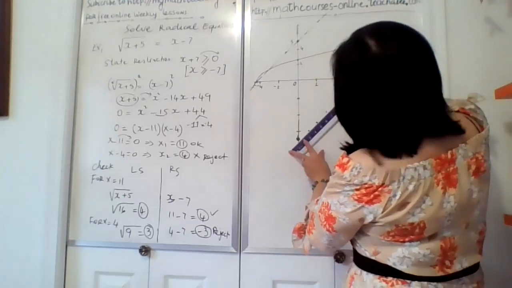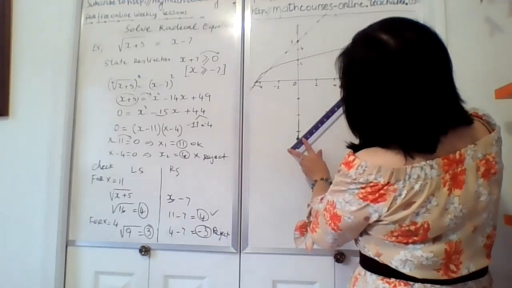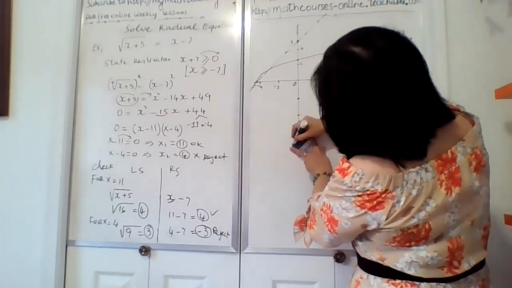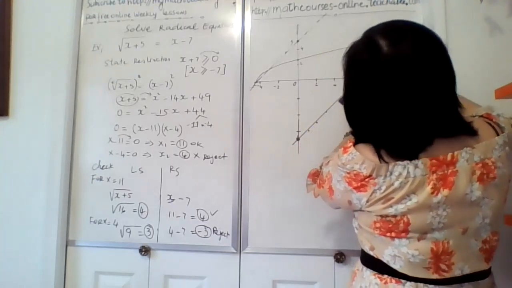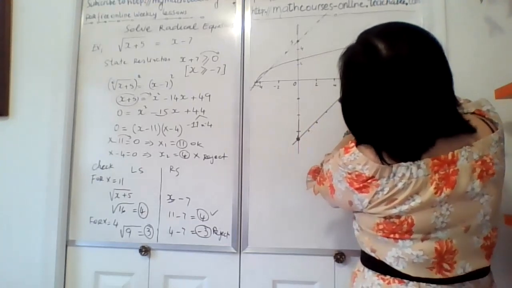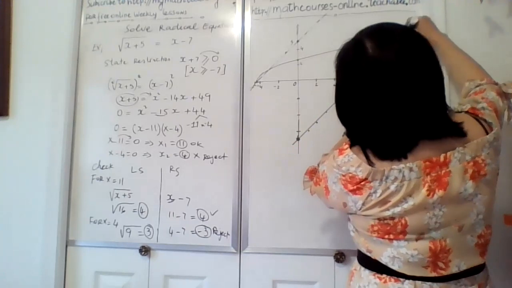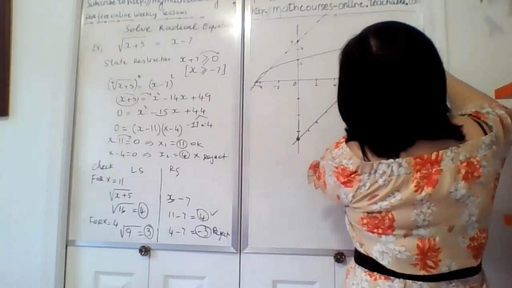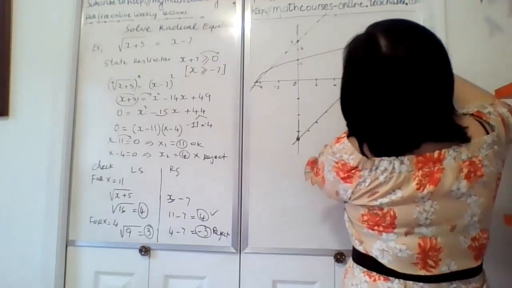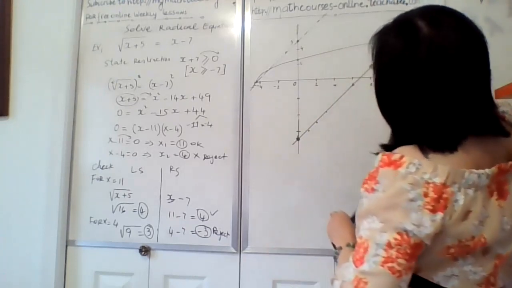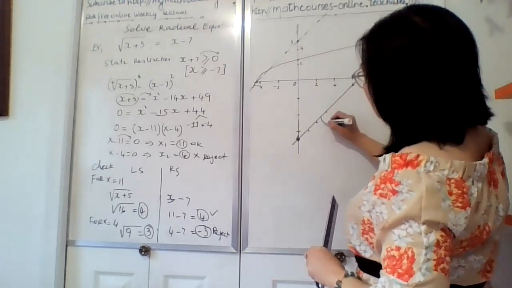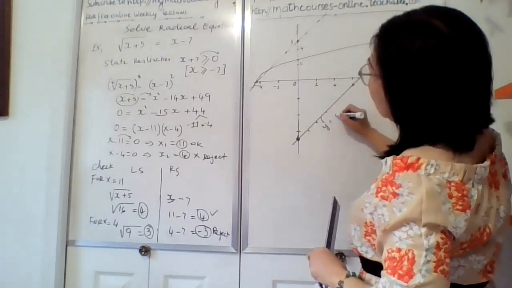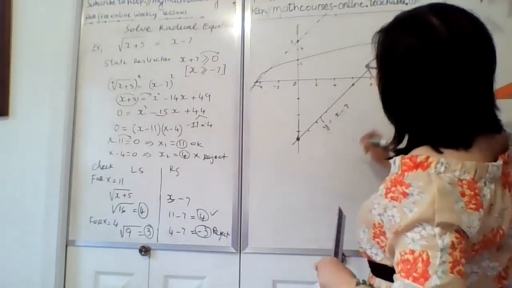So this is our linear. And this should be a solid line because we're talking about the second function on the right-hand side, right? Now, obviously, very accurate. You see that this is y equals x minus 7.